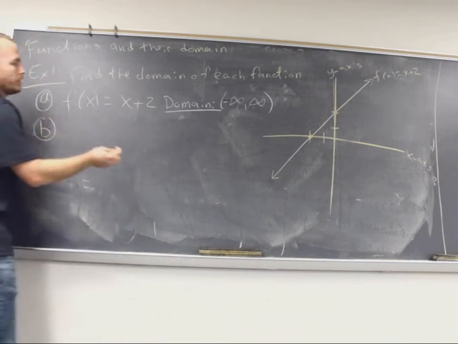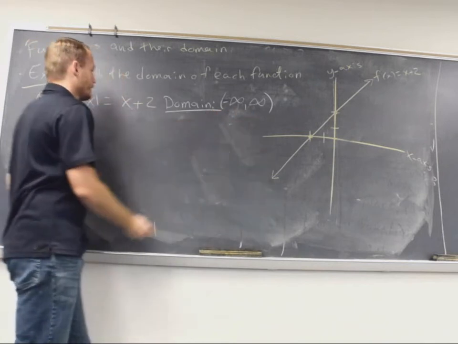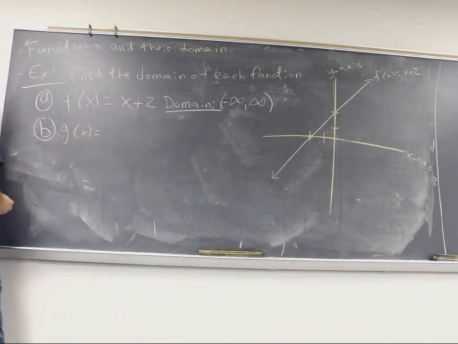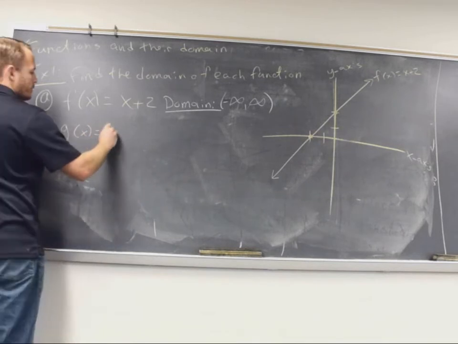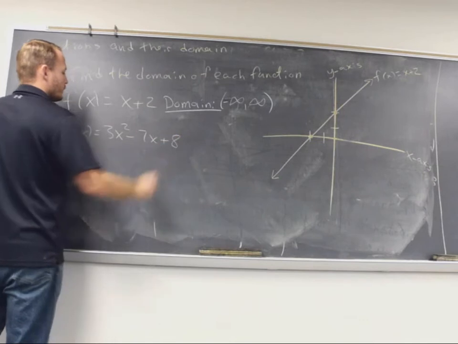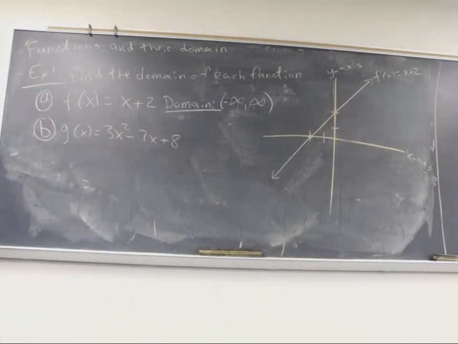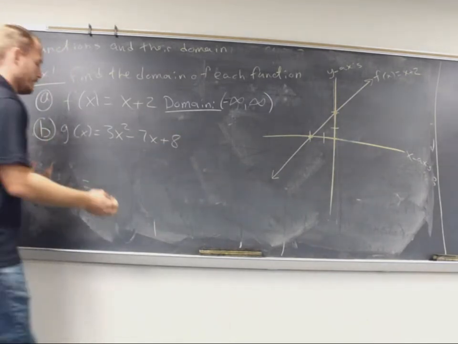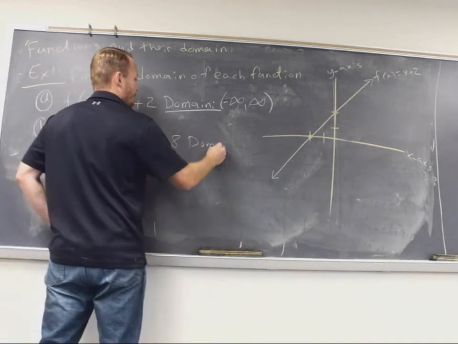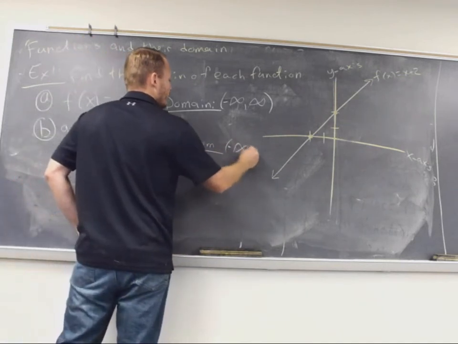And when I say all real numbers, I mean negative infinity to infinity. So what I mean by polynomial function is you could have this function, g of x, it could be 3x squared minus 7x plus 8. That's also a polynomial function. There's infinitely many of these, and they can get as big as they want. So this is also domain of all real numbers.